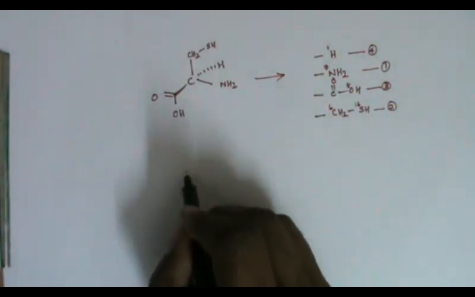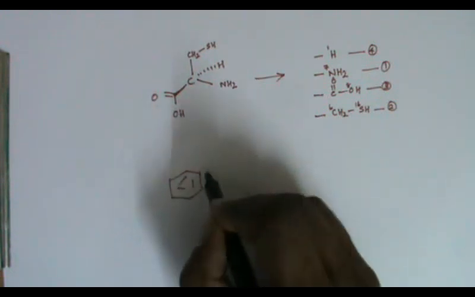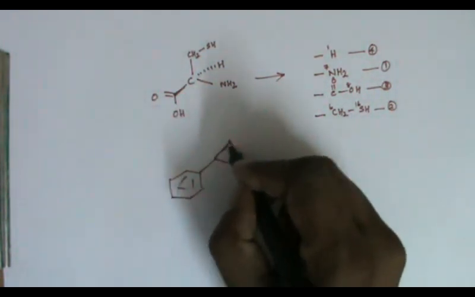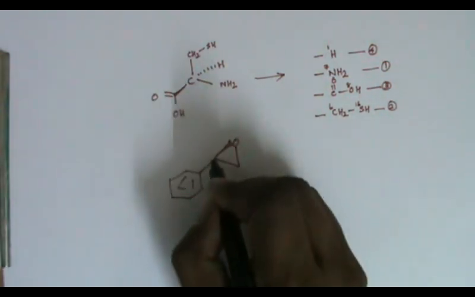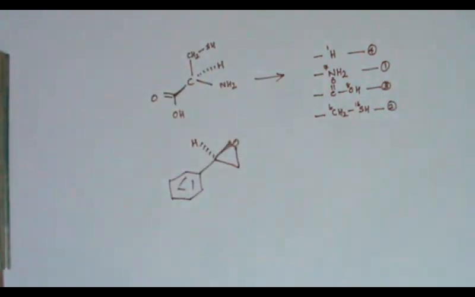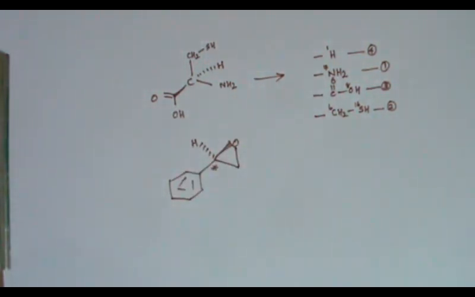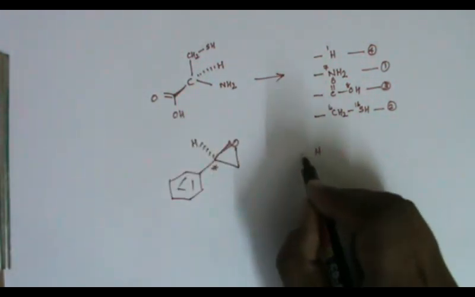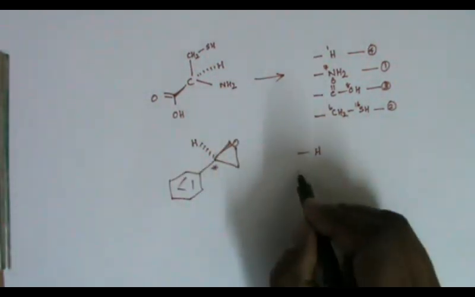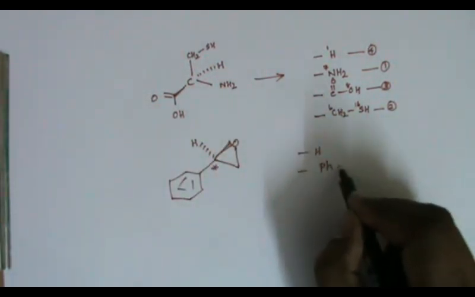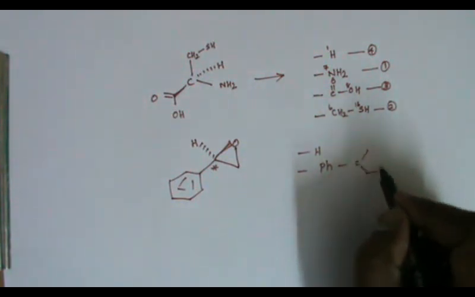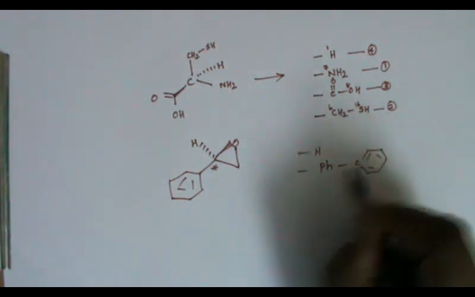I go for one more example, that is epoxide. This carbon is chiral because it is attached with 4 different groups or atoms. How to assign priority? There are 4 groups. The first one, hydrogen atom. The second one is the phenyl ring, I write like this, carbon, and this carbon is attached.